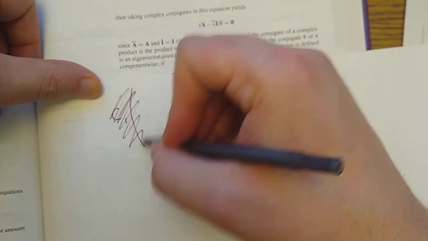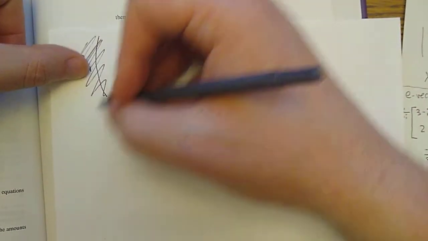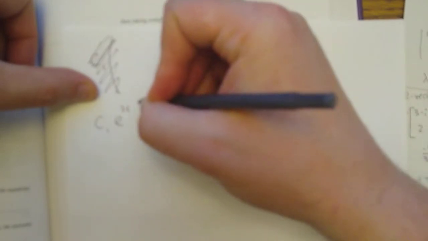e to the pt. Actually, sorry. Let me start over. I just wanted to put that e to the pt on the outside of the parentheses.